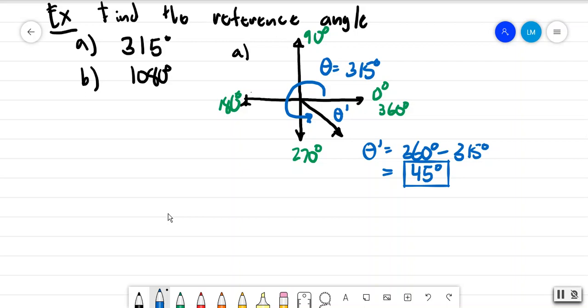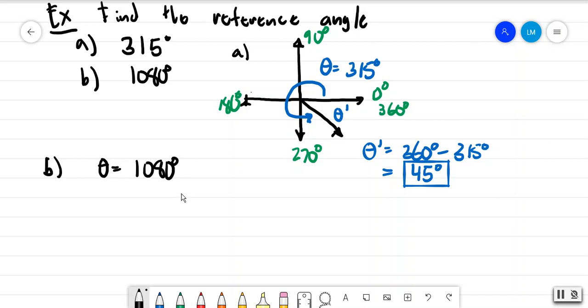Let's go ahead and try another example, where technically we already have another example with part B. That's going to be that theta is 1080. This is very similar to that question where we had 1200 degrees.